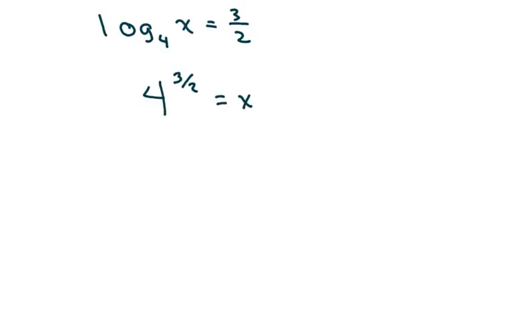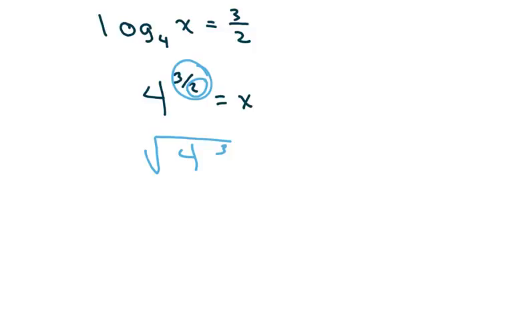Okay, we also have one like this one. Log base 4 of x equals 3 over 2. So basically, if we rewrite this, we have 4 to the 3/2 equals x. Now, what I'm going to do is rewrite this as the square root of 4 cubed.